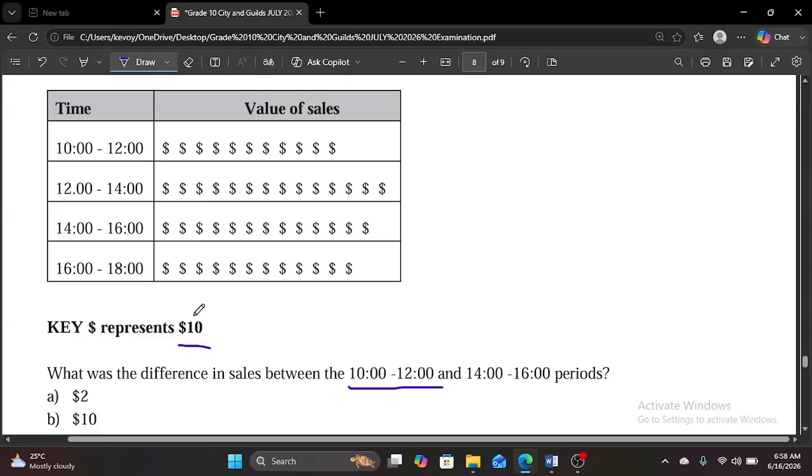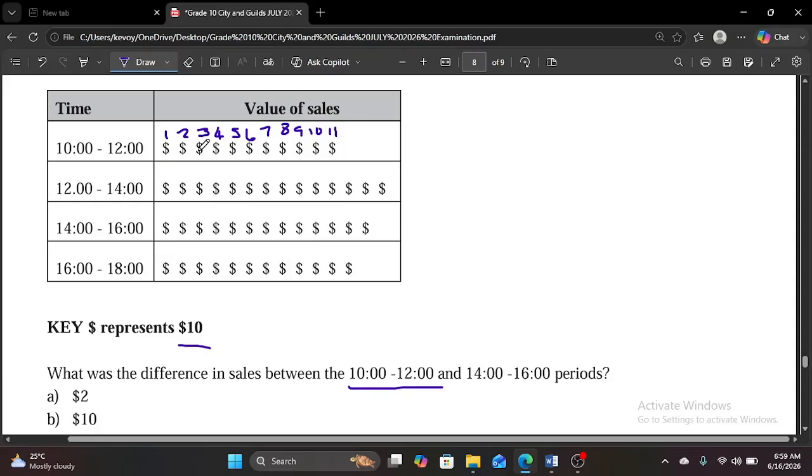Each is going to represent 10, so that's 1, 2, 3, 4, 5, 6, 7, 8, 9, 10, 11. There are 11 symbols right here and each represents 10.